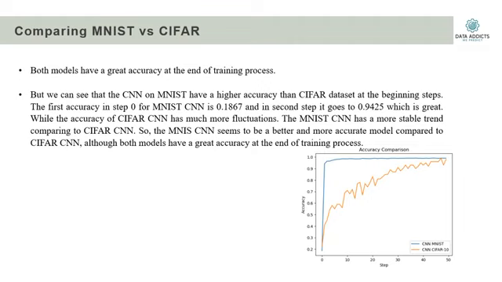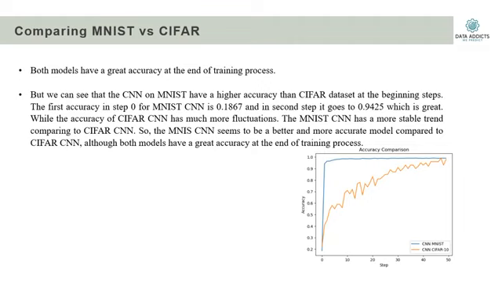While the accuracy on the CIFAR dataset has much more fluctuation, you can see that there are a lot of ups and downs in the increasing flow of accuracy rates in the CIFAR dataset compared to the MNIST dataset.